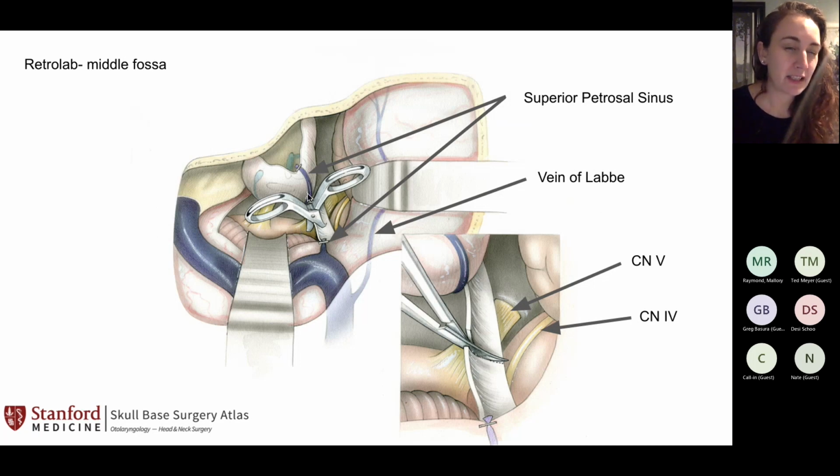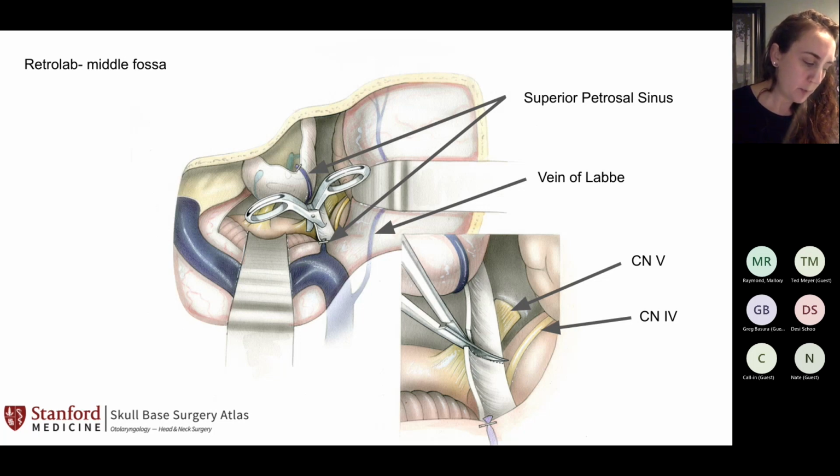This does allow for a slightly more limited view for the neurosurgeon to some of those deeper structures. So if the tumor was a little smaller or did not have quite as much extension as the example that I showed, the access to the lateral pons and midbrain is a little bit reduced.